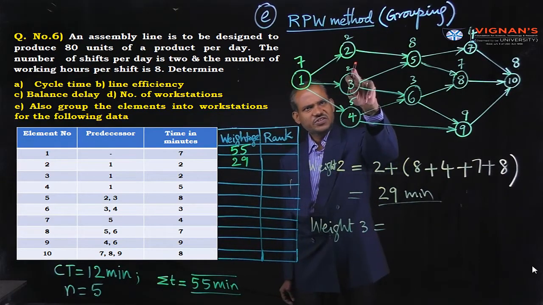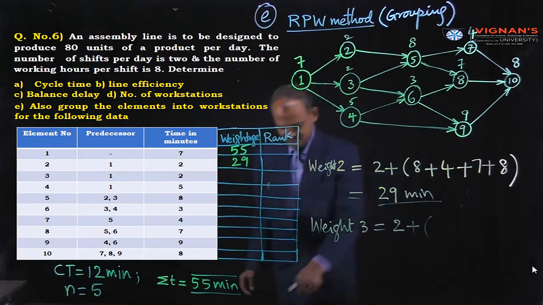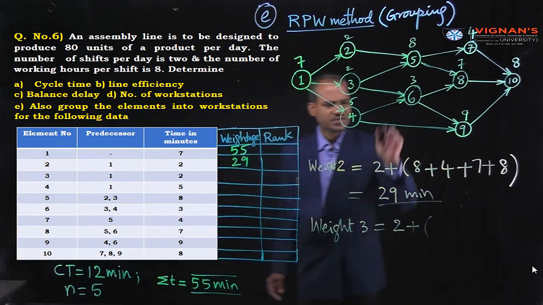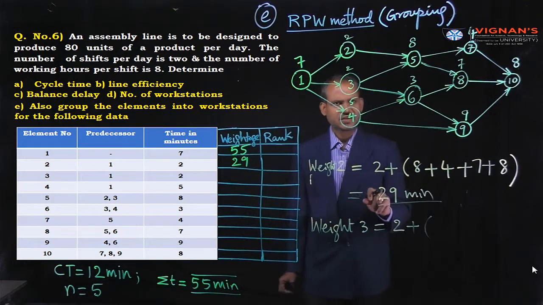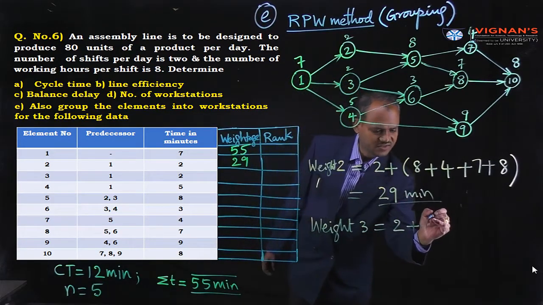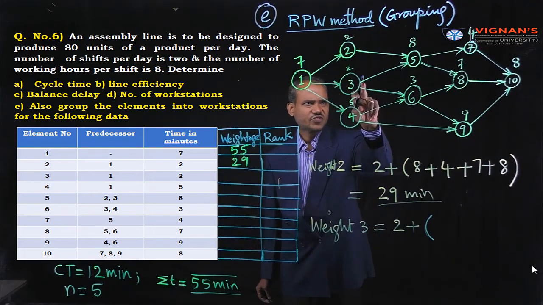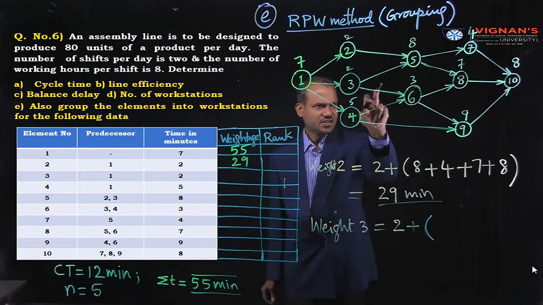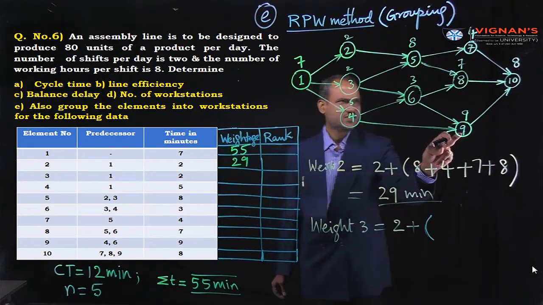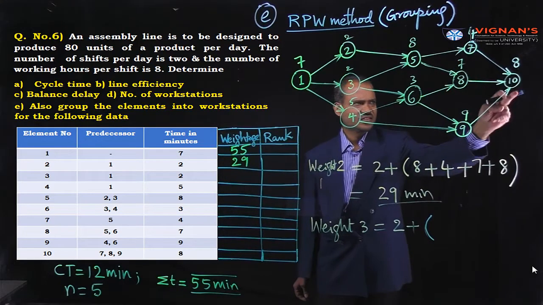The time of this element is 2, plus the sum of all successor element times. What are the successors? For 3, 5 is a successor, 6 is a successor, 9 is a successor, 8 is a successor, 7 is a successor, 10 is a successor.